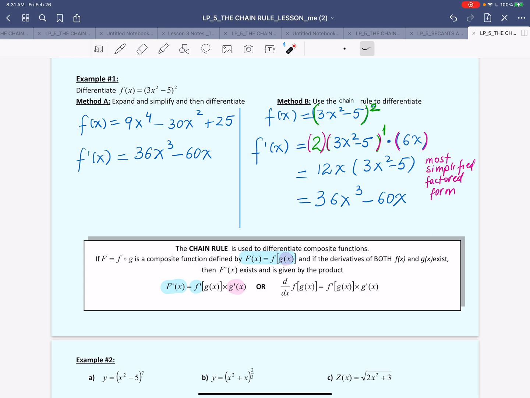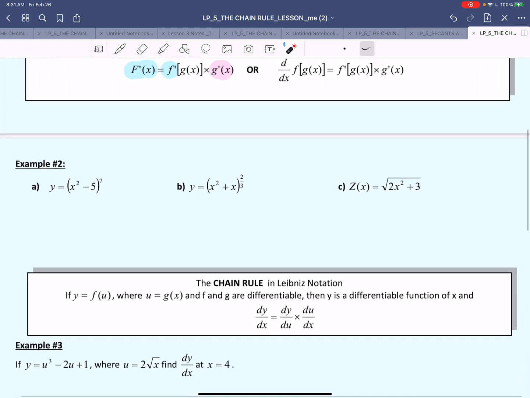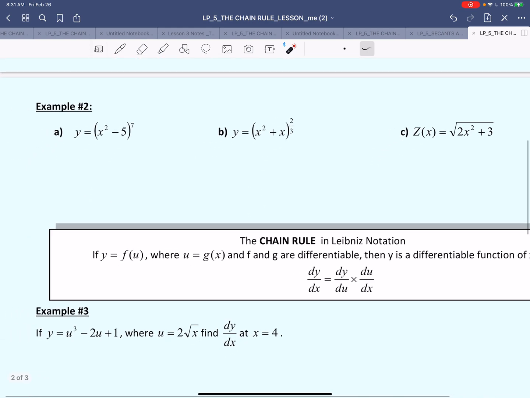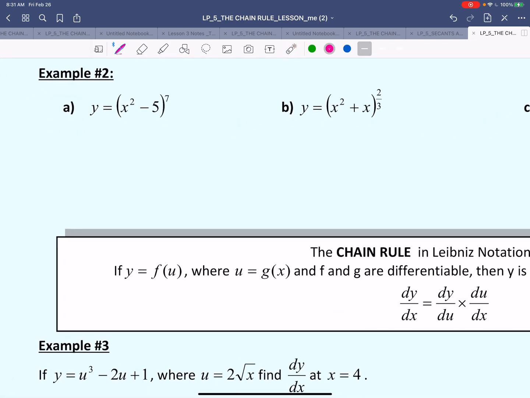So let's take a look at some examples where we can apply the chain rule together. So here we go. We have y equals (x squared minus 5) to the power of 7. So we say that dy/dx equals, so I will try to identify what the outside function is. So that would be something to the power of 7. So I will start with 7.